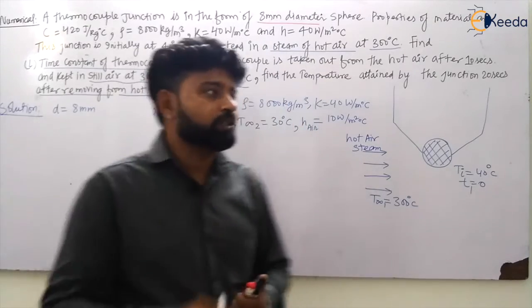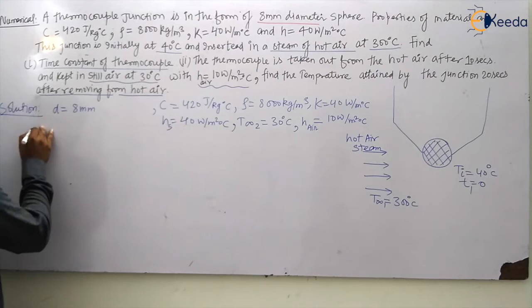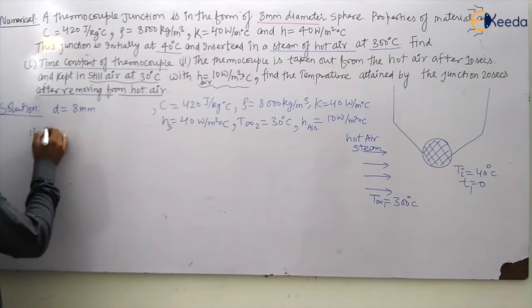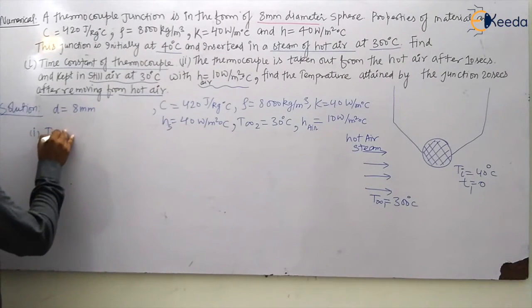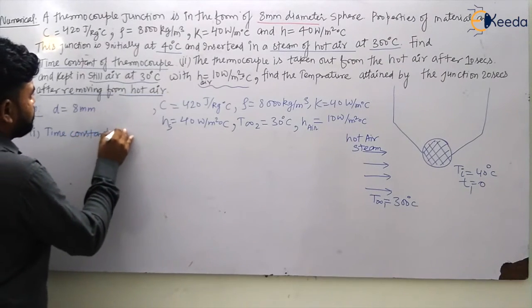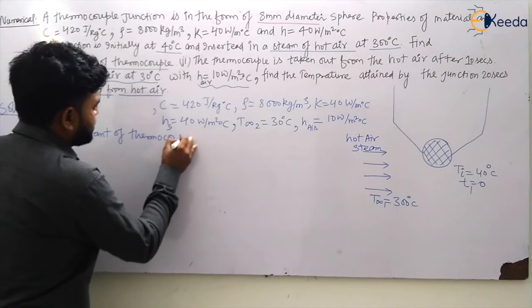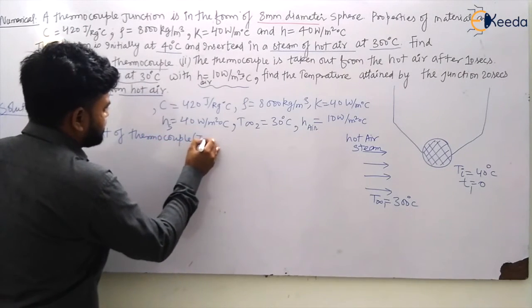So what is the time constant given by? My dear students, what is time constant? Let us solve question number 1, which asks for the time constant of the thermocouple. Let us take this as T star.